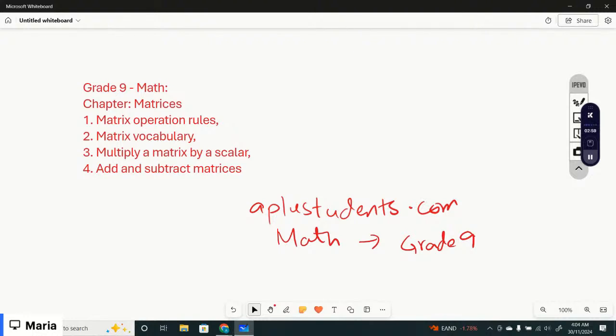We're going to start with the chapter matrices. The lessons we're going to cover today are matrix operation rules, matrix vocabulary, multiply a matrix by a scalar, add and subtract matrices.